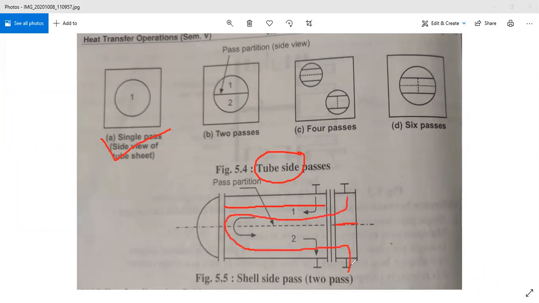Right? So the tube side fluid is directed or guided in such an arrangement that it can't pass through this channel directly. For the guidance or direction of this fluid, we have to add this metal part, that is a metal partition, in the channel part, and then the tube side fluid can pass in this way.